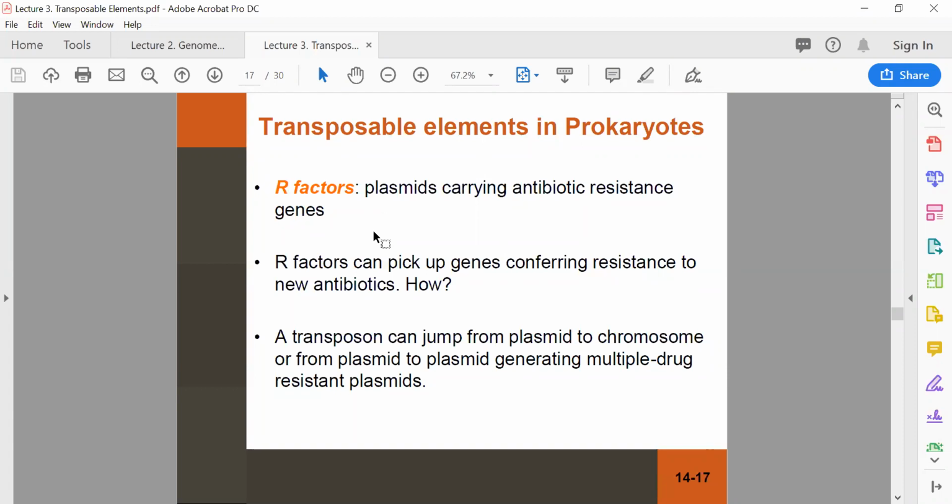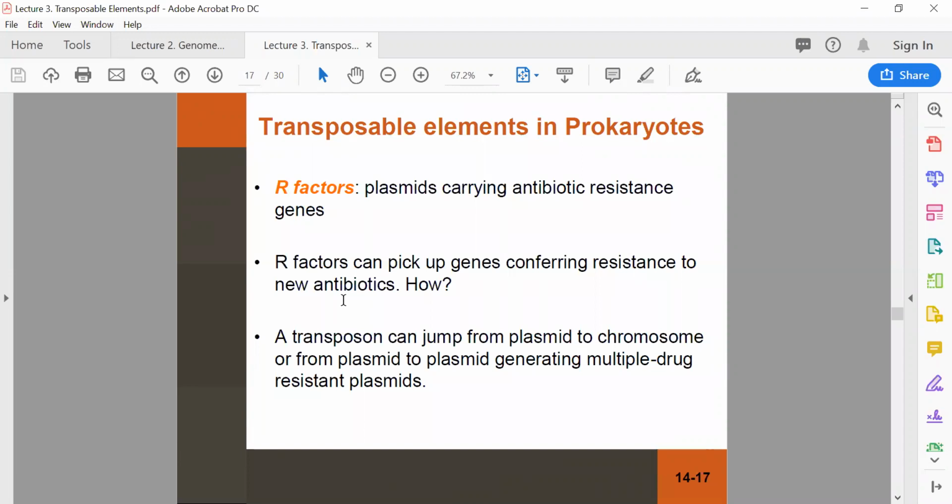How do they pick up genes that confer resistance to new antibiotics? They can do this, but how do they do this? And keep in mind that R factors can be very readily transferred to other bacterial cells, or the R factor genes can be transferred from the R factor plasmid itself to the chromosome of the bacterium, or from one R factor plasmid to a different R factor plasmid.